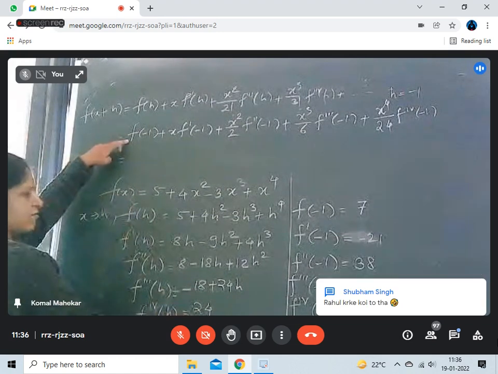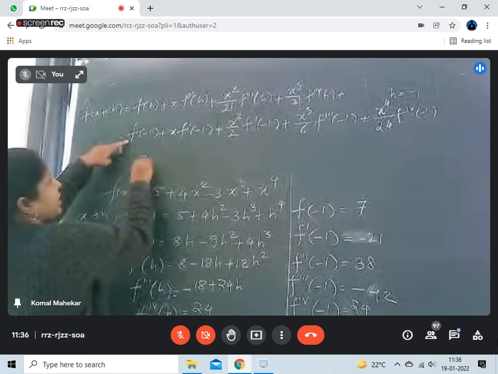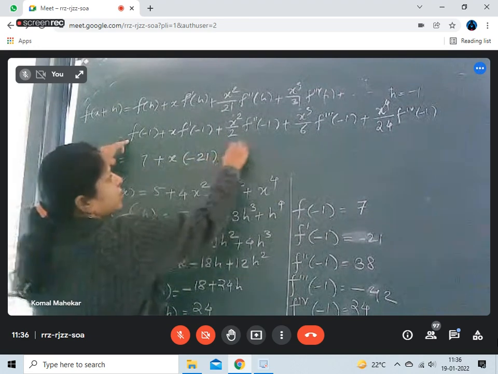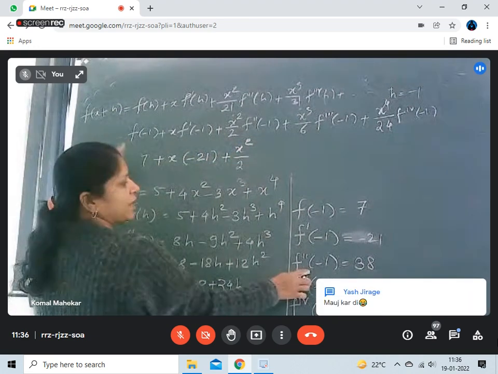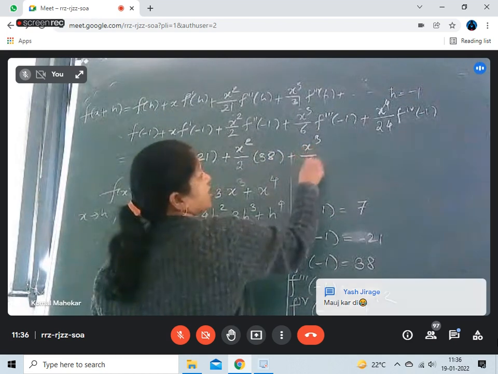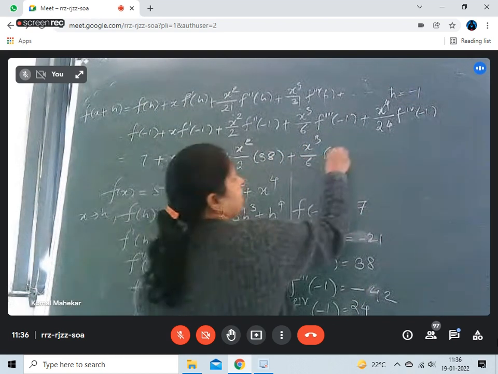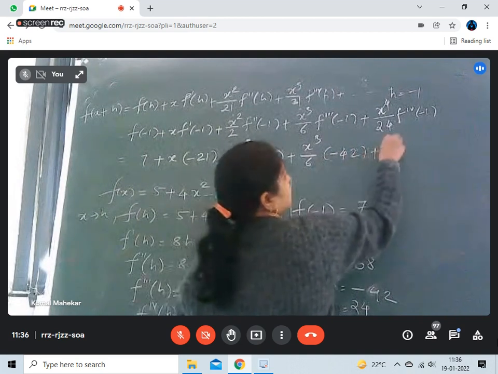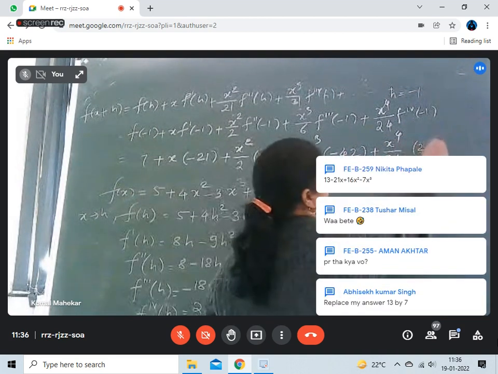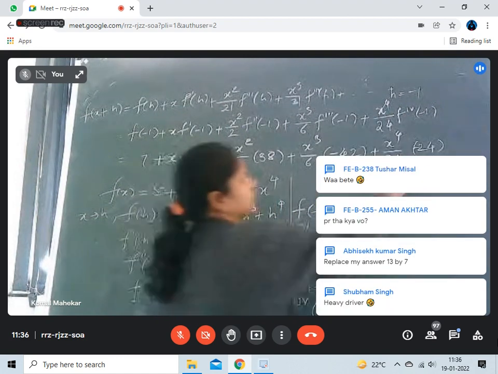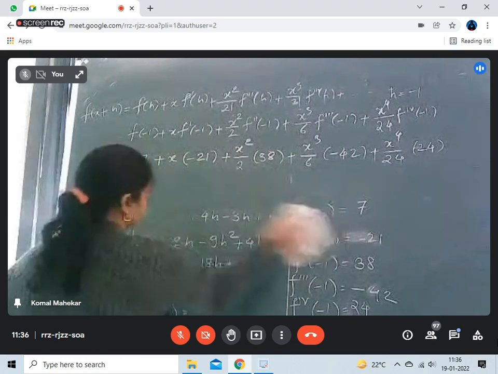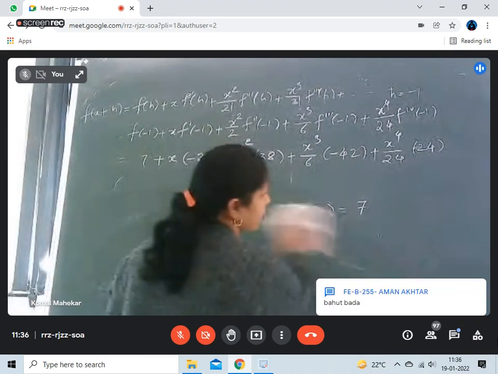So this becomes f of minus 1, that is 7, plus x into f dash of minus 1, minus 21, plus x square by 2 into f double dash of minus 1, that is 38, plus x cube upon 6 f triple dash of minus 1, minus 42, plus x raised to 4 by 24 f fourth of minus 1, that is 24 with plus sign. So simplify this, you will get the expansion of the function in powers of x.